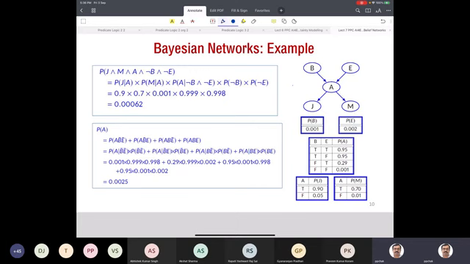Based on the diagram, I can replace the first step by the second step.